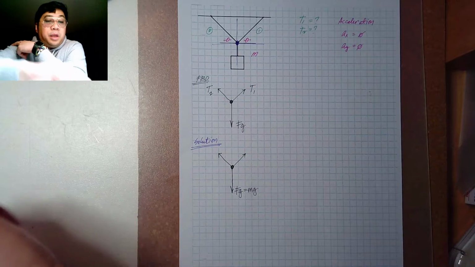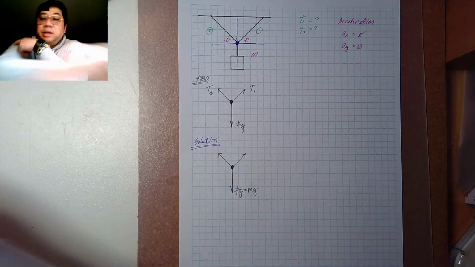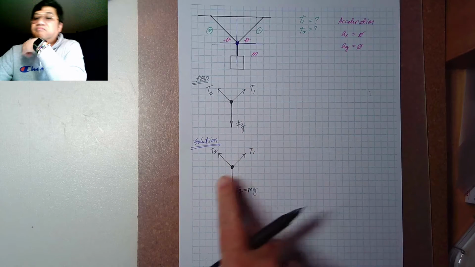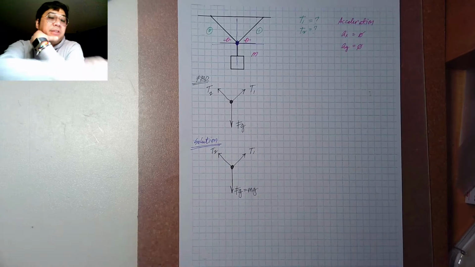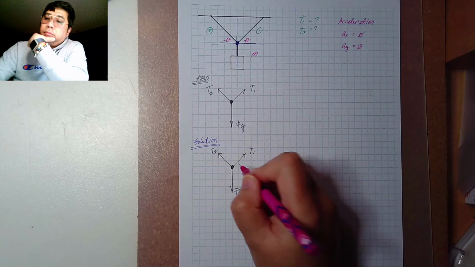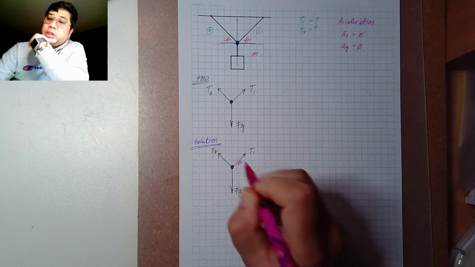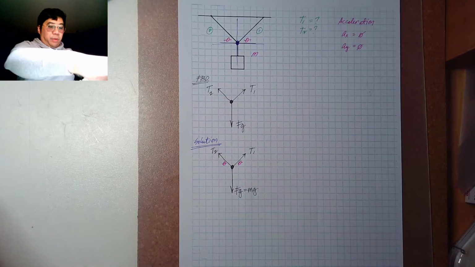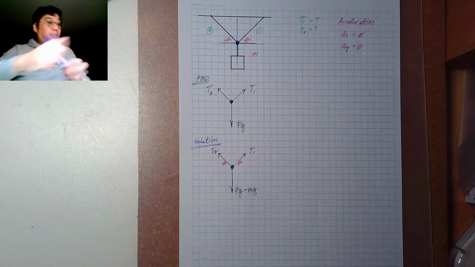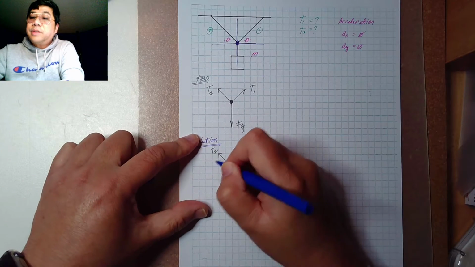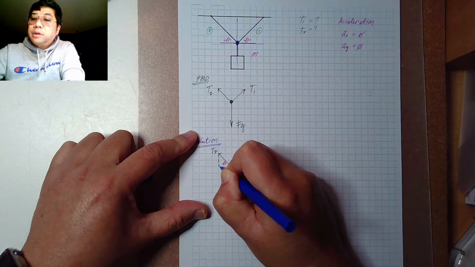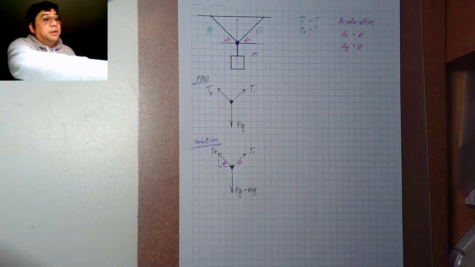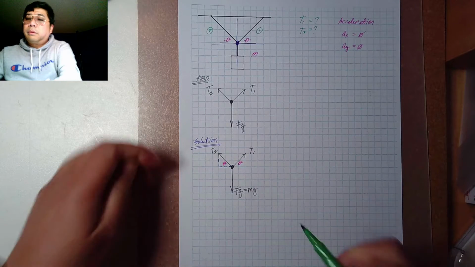Now, if I have my T sub 1 right here and T sub 2 over here, and the angles are the same, so that both of them are theta, what we can say is that if we use the blue on the right side or left side, these are the components for T sub 2, and here are the components of T sub 1.